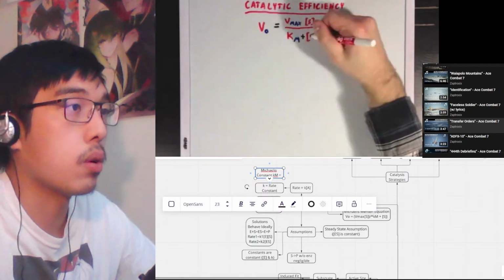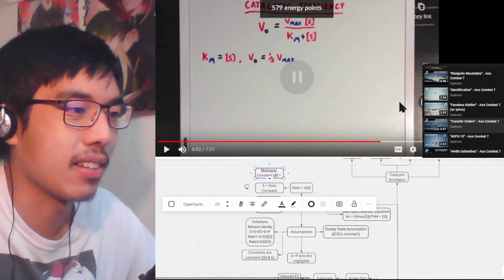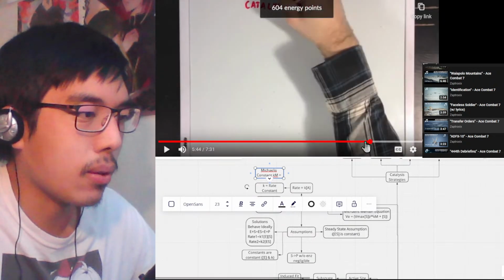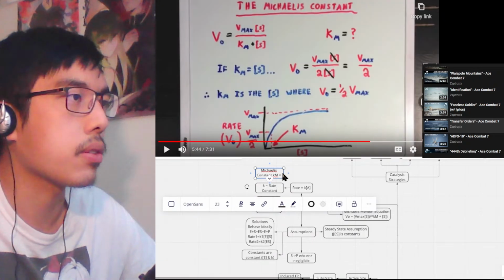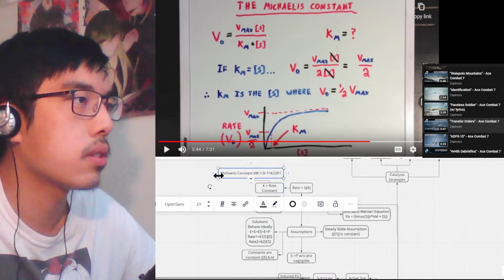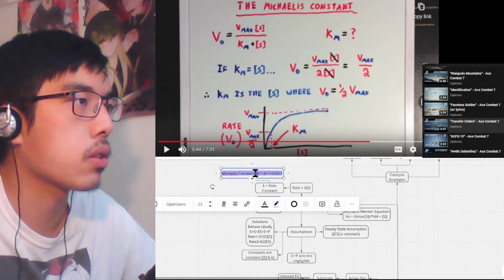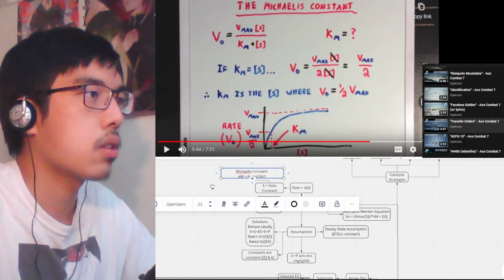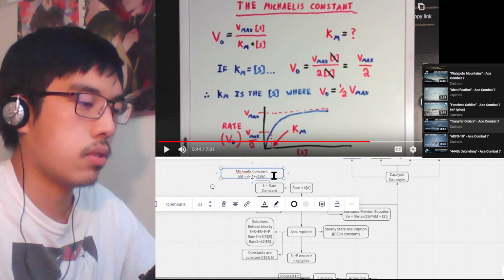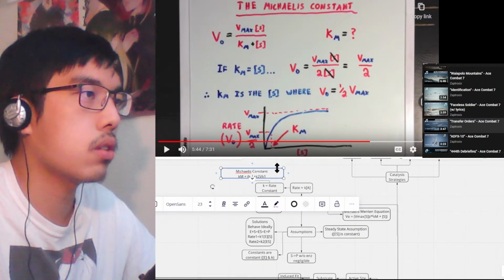So I'll rewrite the Michaelis-Menten equation. Whoa, okay. Hold up. Alright, so Michaelis constant. That's the first definition that they gave us. The Km is equal to that stuff. It's not the technical definition though.